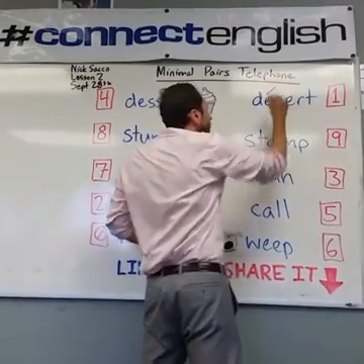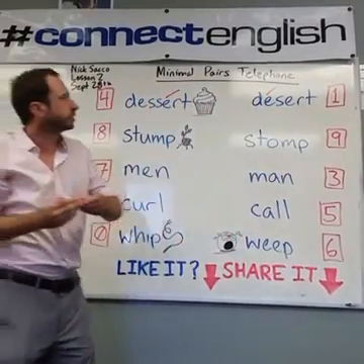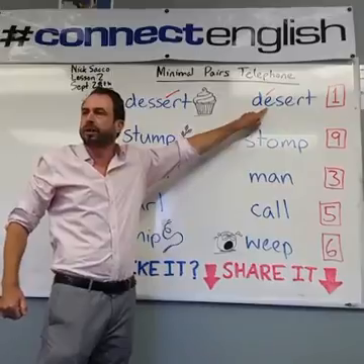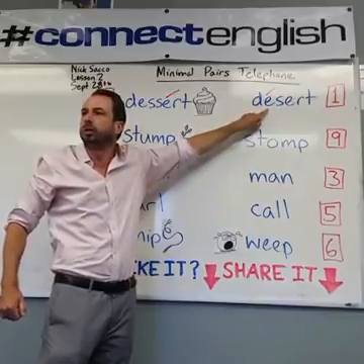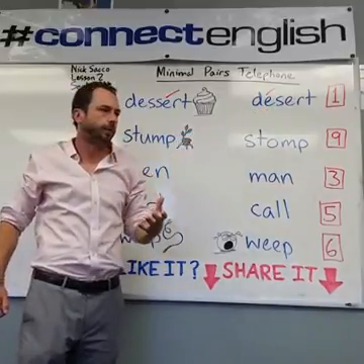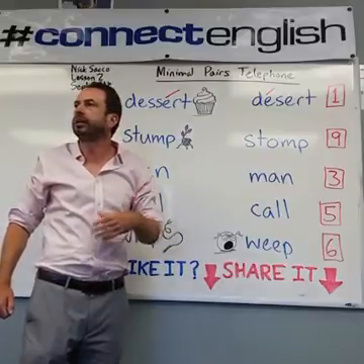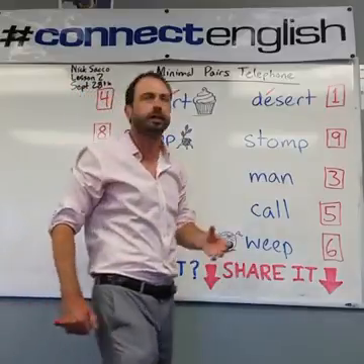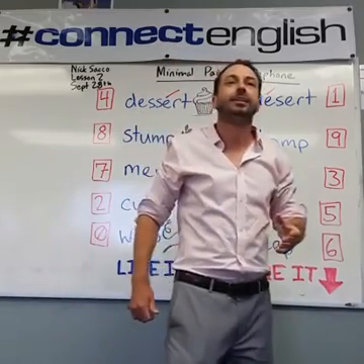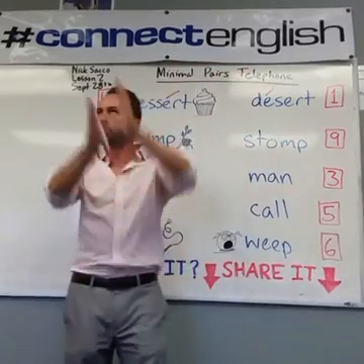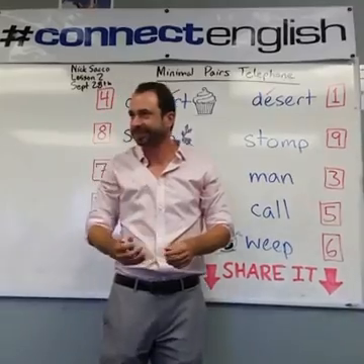Okay. Desert. So we need the strong first syllable when we're talking about the place that you go to. You'll find cactus out there. You'll find some coyotes living out there. You'll find camels living out there. Maybe some palm trees if you're lucky, right?